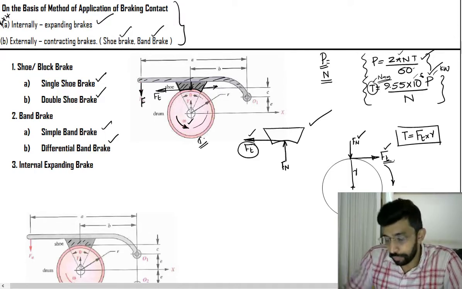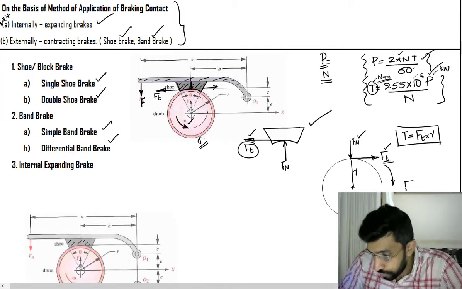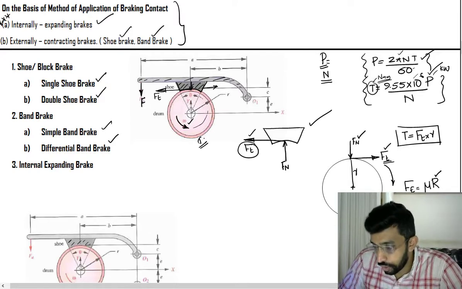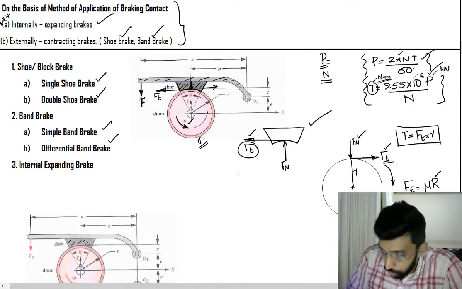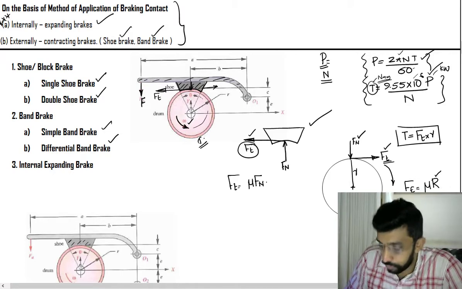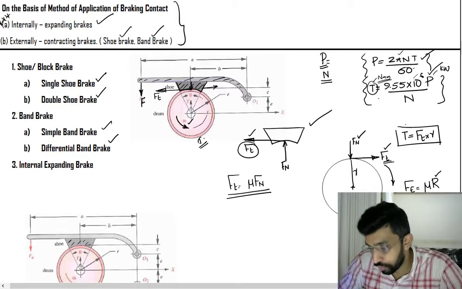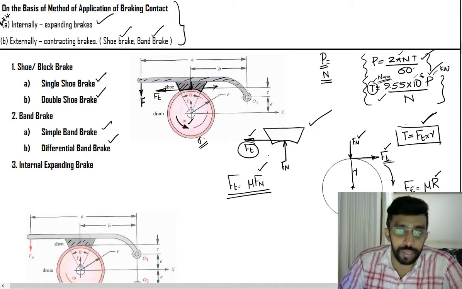That is also very simple. I have already stated that the frictional force Ft is equal to mu into Fn. So if from this equation you can find the value of torque, using this equation you can find the value of Ft, and using this equation you can find the value of Fn. It's a very simple equation.